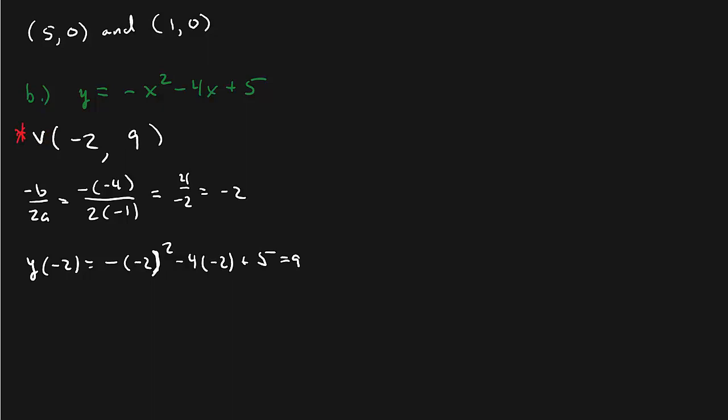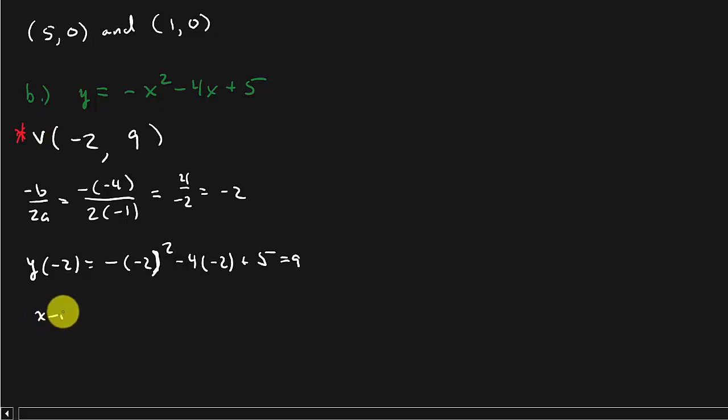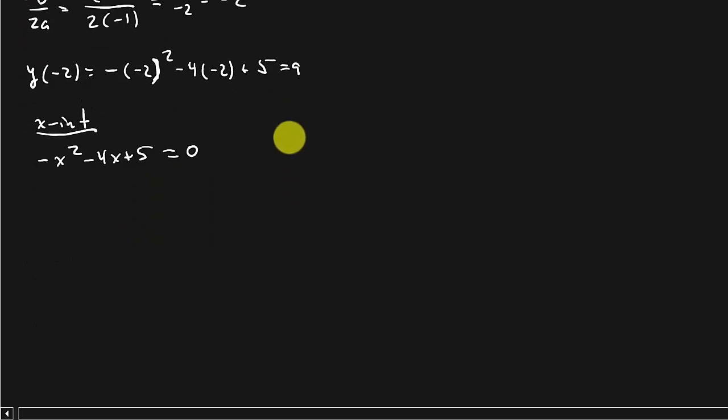Now let's find the x-intercept. I'm going to take my function, negative x squared minus 4x plus 5, and set it equal to 0. Now we're solving a quadratic equation, and whenever you solve one, you don't want a negative in front of the squared term. We can fix that easily by dividing everything by negative 1.